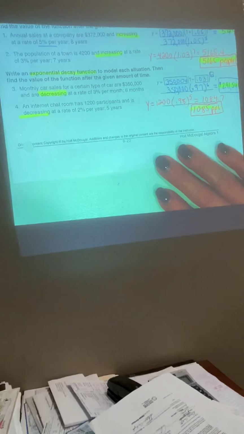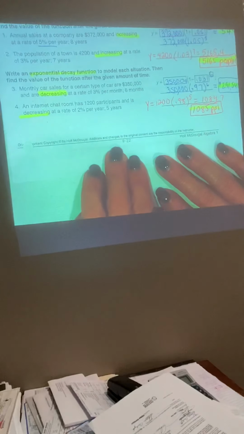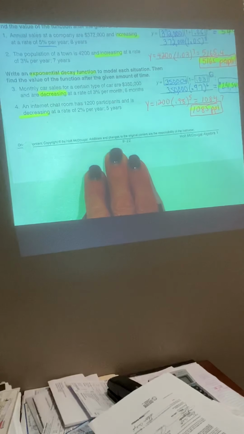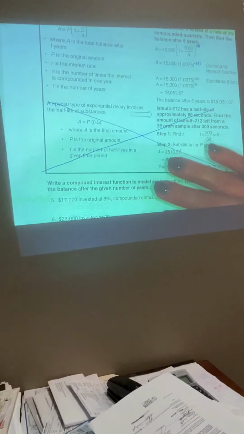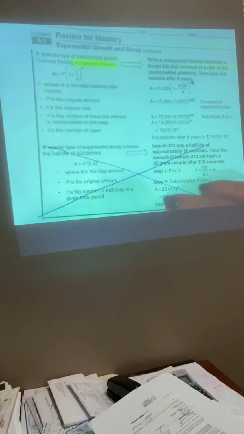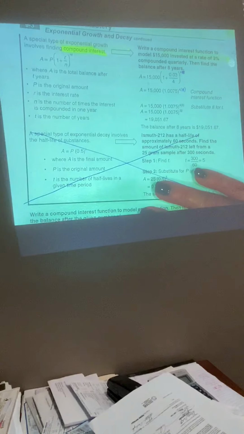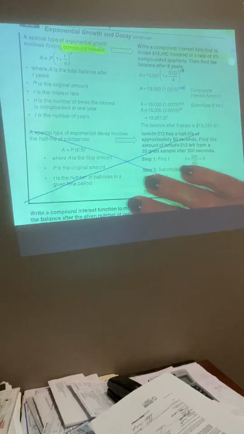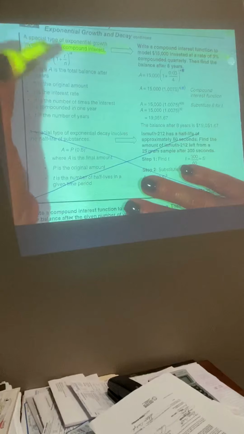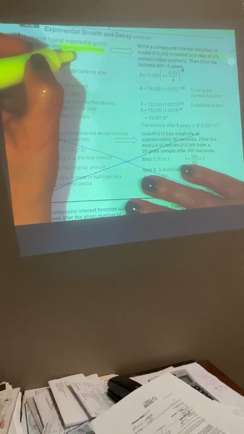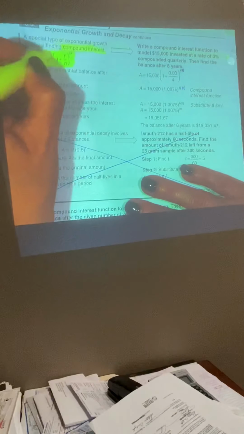Okay, so that's 2 formulas. We have 1 more to learn on the back, and then we'll be done. Last formula. It's called compound interest. Okay, so with compound interest, here is your formula. Let me explain what everything stands for.